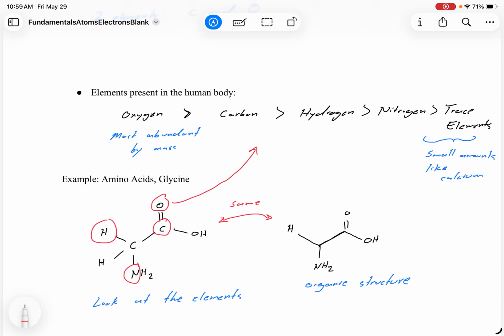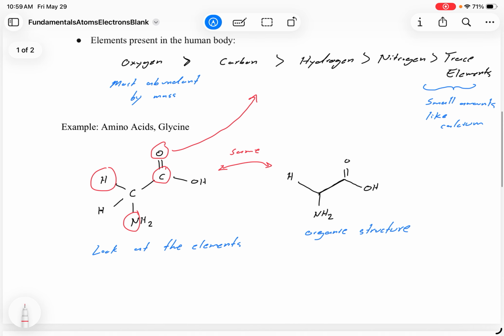So that's a good example of a biological molecule that has those abundant elements in your human body. Amino acids make up proteins, and amino acids are in your body, so it makes sense, right? So carbon, oxygen, hydrogen, nitrogen, which I circled in red here for glycine, are the building blocks of glycine. And notice that, like I said before, carbon, oxygen, hydrogen, nitrogen are elements, right? So I guess we can continue some more.